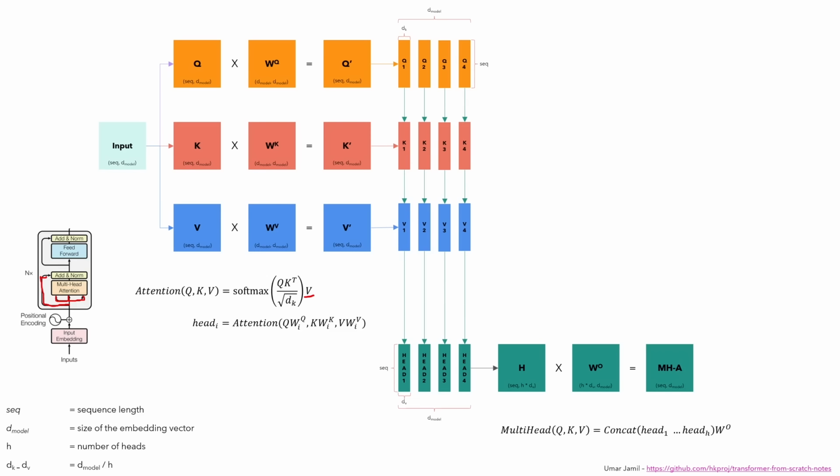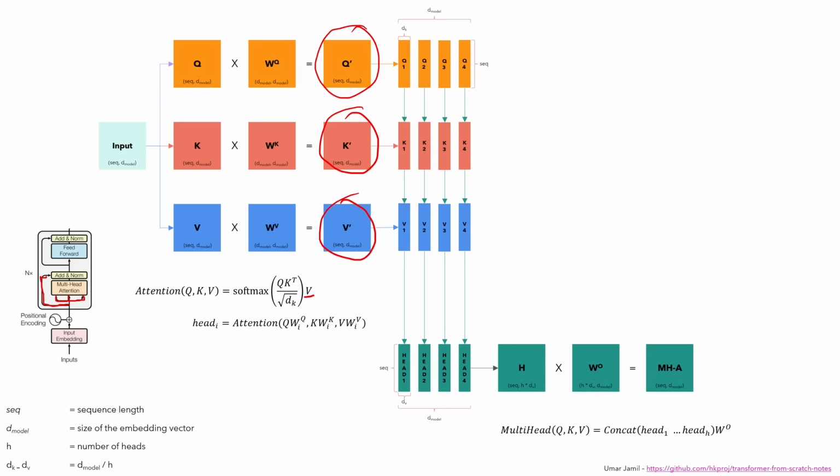So the multi-head attention, instead of calculating the attention between these matrices, Q prime, K prime, and V prime, splits them along the d model dimension into smaller matrices and calculates the attention between these smaller matrices. So each head is watching the full sentence, but a different aspect of the embedding of each word. Why do we want this? Because we want each head to watch different aspects of the same word.